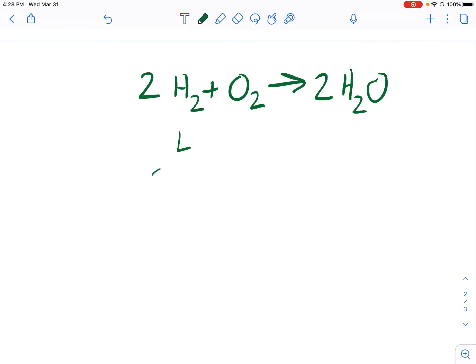We've already mentioned something called standard temperature and pressure, which is 0 degrees Celsius or 273 Kelvin, and a pressure of 1 atmosphere. If the gas is not at that, then we'd have to do some sort of calculation involving the pressure and the temperature.